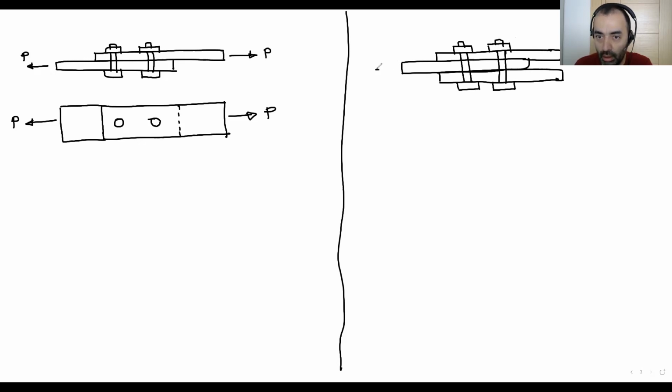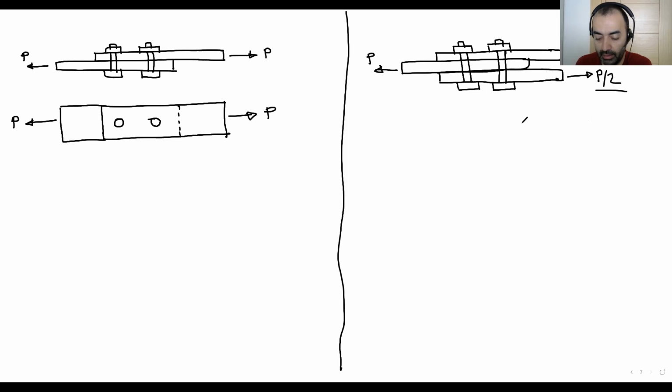P is here, P over 2, and P over 2. Here P comes from this side. Using bolts, we transfer half of the load to the top plate and the other half goes to the bottom plate. As you can see, at the end, we have P over 2 load at the top and bottom plates.